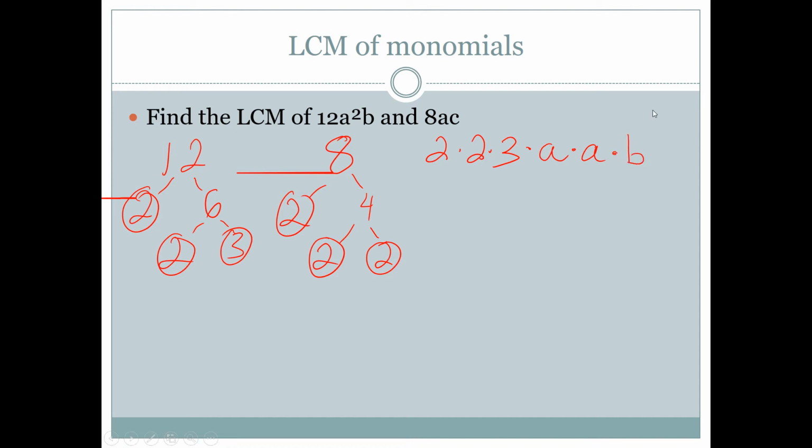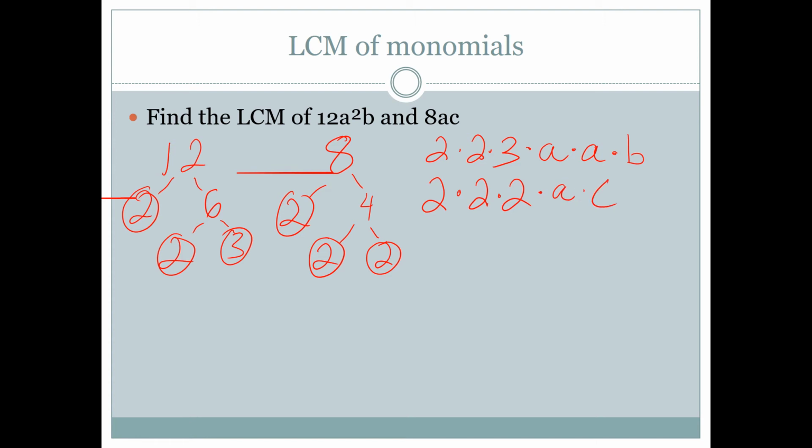Okay? So there's the prime factorization of 12a squared b. 8ac, we did the prime factorization of 8. That is 2 times 2 times 2. A, that's just going to be multiplied by a times c.